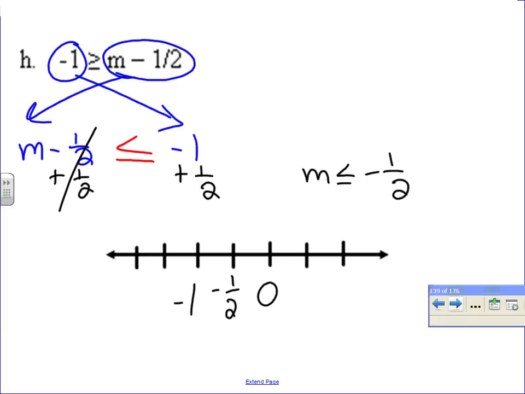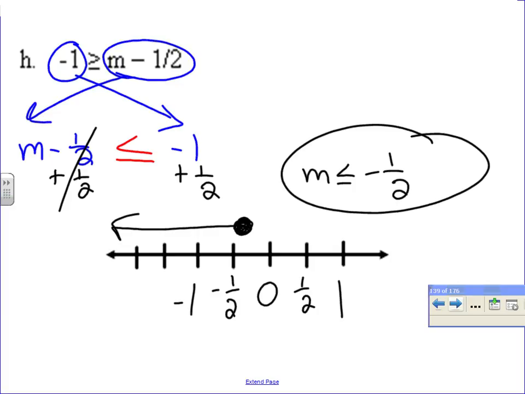So remember, it's getting smaller to the left. The numbers are getting larger to the right. If we're counting by halves, it does not matter to me how you scale it. That's completely up to you. Less than or equal to, Matt, what kind of circle goes above negative 1/2? Good. Filled in circle, it's less than or equal to, so it's to the left.